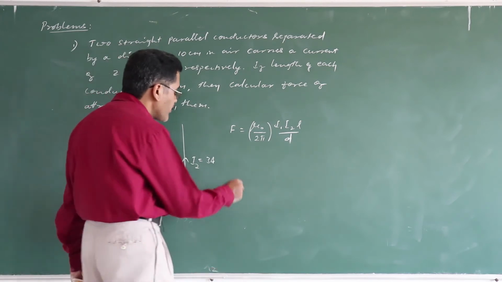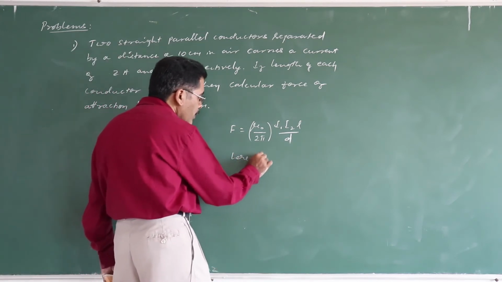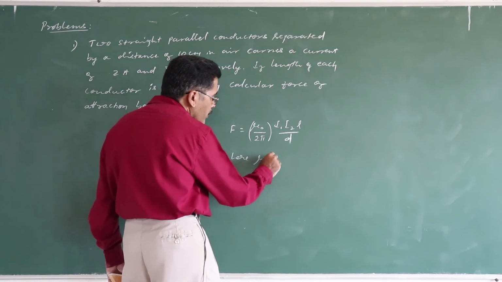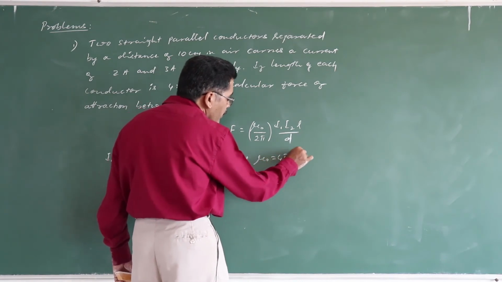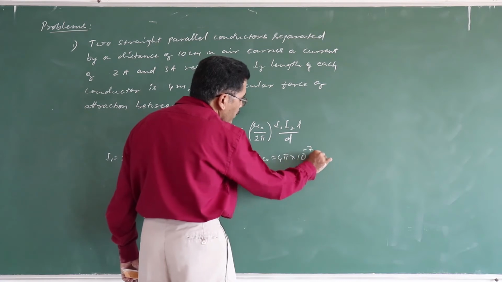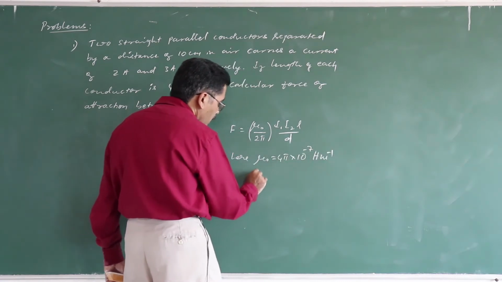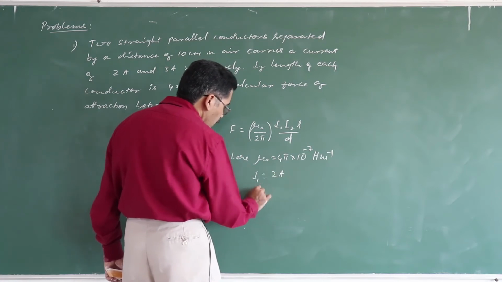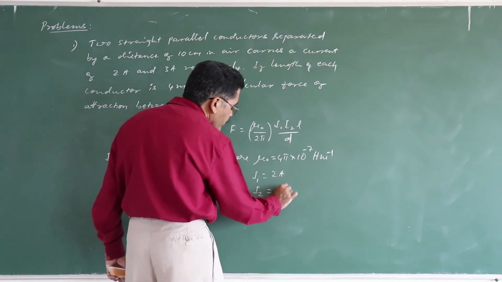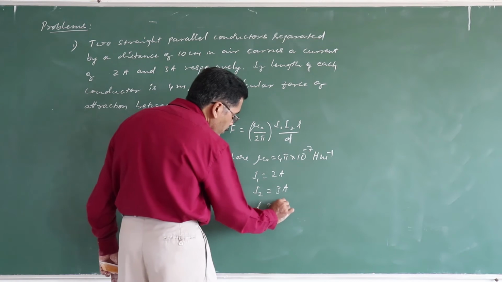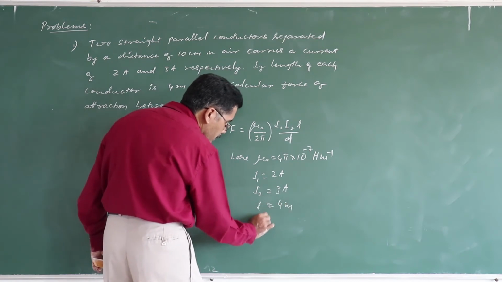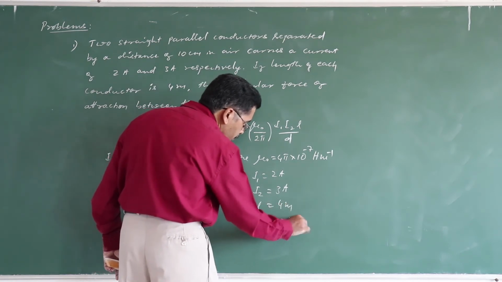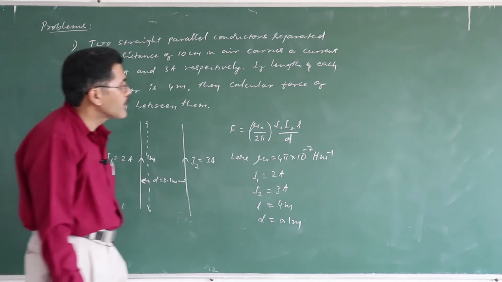See here, what is mu naught? Mu naught is equal to 4 pi into 10 raised to minus 7 Henry per meter. I1 is 2 ampere, I2 equals 3 ampere, L is 4 meter, D is 0.1 meter. Now substitute all these values.